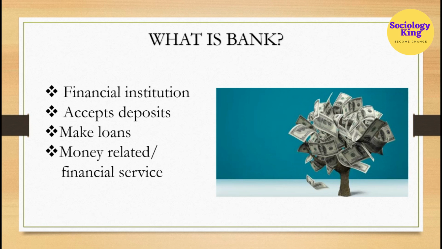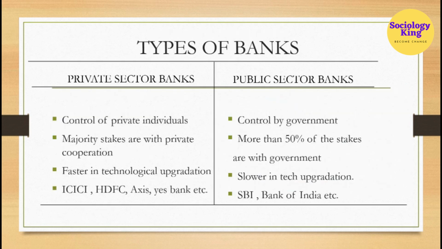The next one I would be discussing is what are the types of bank. From childhood we have heard that there are only two types of bank, and I would be discussing only those two types, which are private sector bank and public sector bank. Public sector banks are banks in which more than 50% of the stakes are in the hands of government and it is controlled by government only.